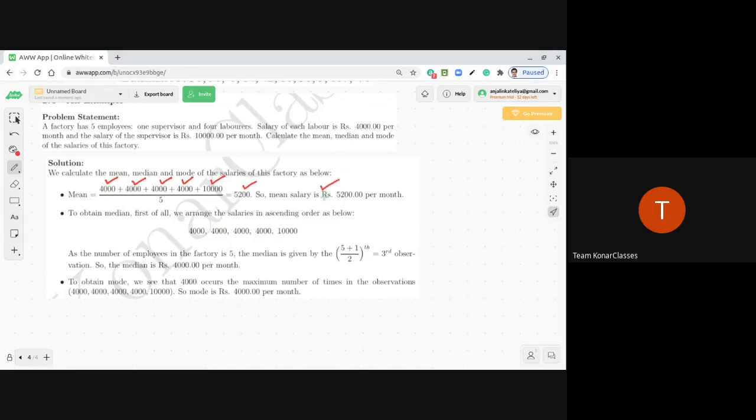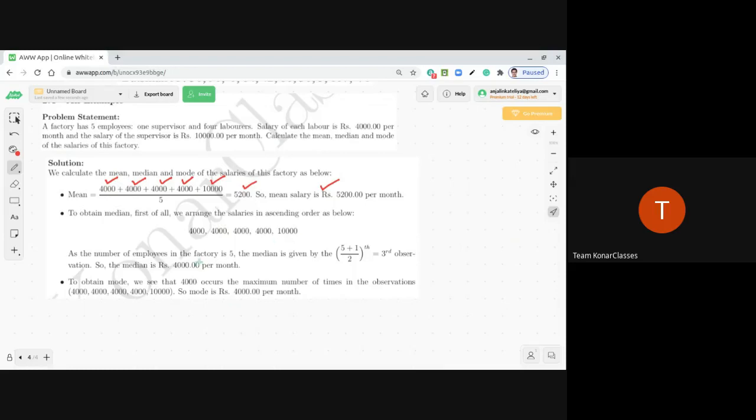Now to obtain the median, first and foremost we need to arrange the salaries in either ascending or descending order. Here we are doing it in ascending manner: 4,000, 4,000, 4,000, 4,000 and then 10,000.